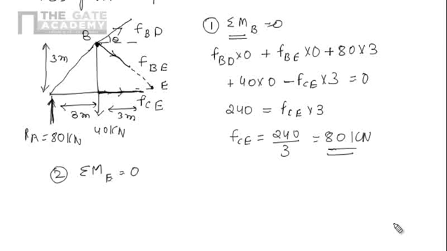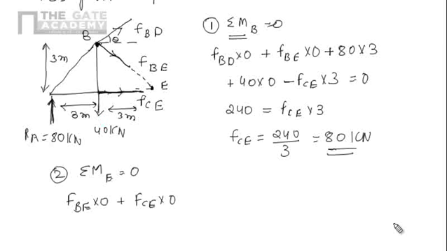If we see the line of action of CE and BE, it is passing through E, which means the perpendicular distance is 0, so the moment will be 0. So we can write FBE into 0, and FCE into 0. Now let's take the other forces.